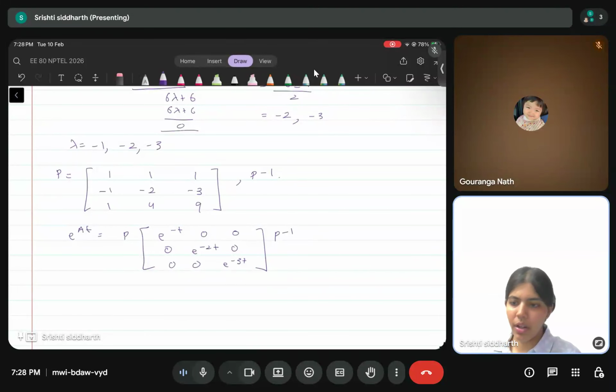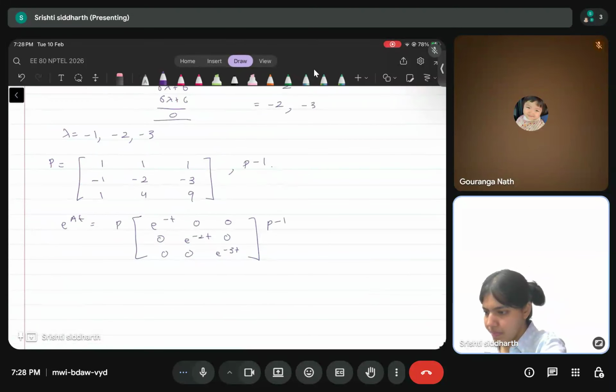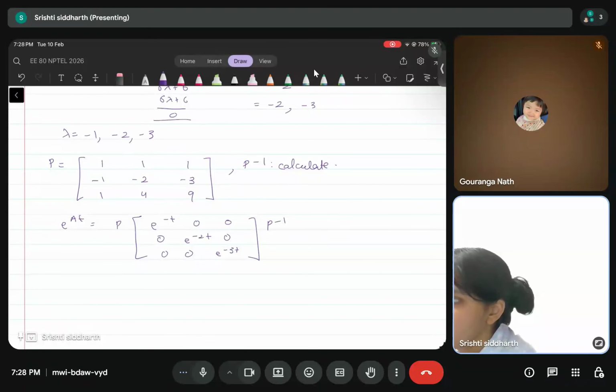So this would be the state transition matrix. Okay, so if this is clear to you, let's move on to another question.